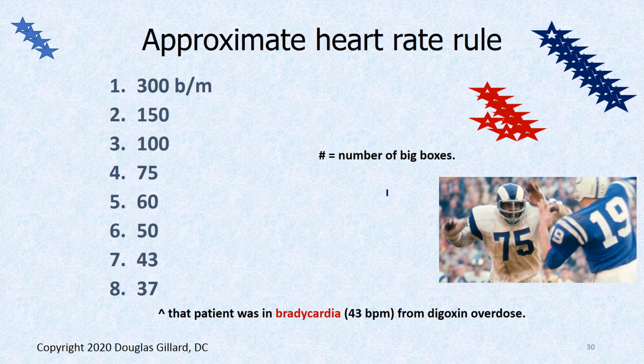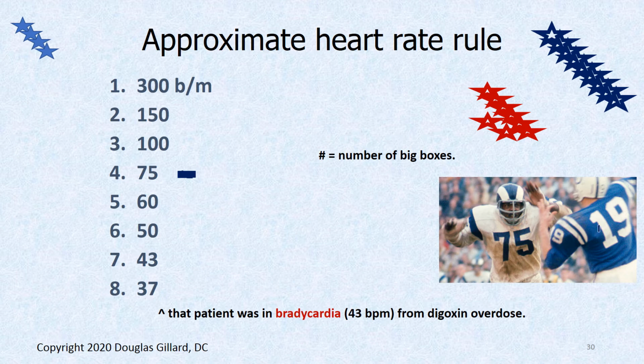All right, don't forget this. Everybody can remember 300, 150, 100. I always forget this number. So I always remember one of the meanest, awesomest football players back in the 60s, a guy for the LA Rams named Deacon Jones. He was a menace, huge guy for back in those days.